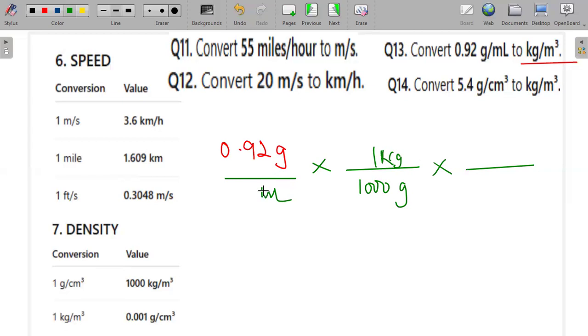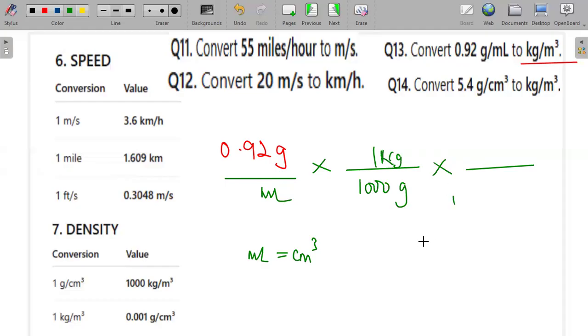So how many milliliters make a cubic meter? Remember, a milliliter is the same as a cubic centimeter. So now how many cubic centimeters make up a cubic meter?